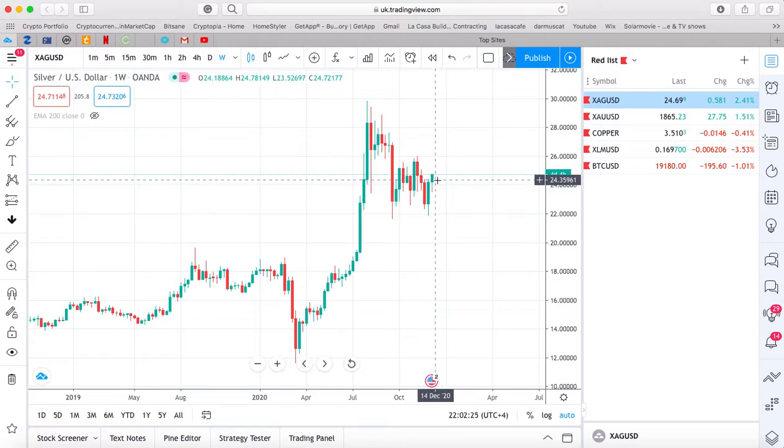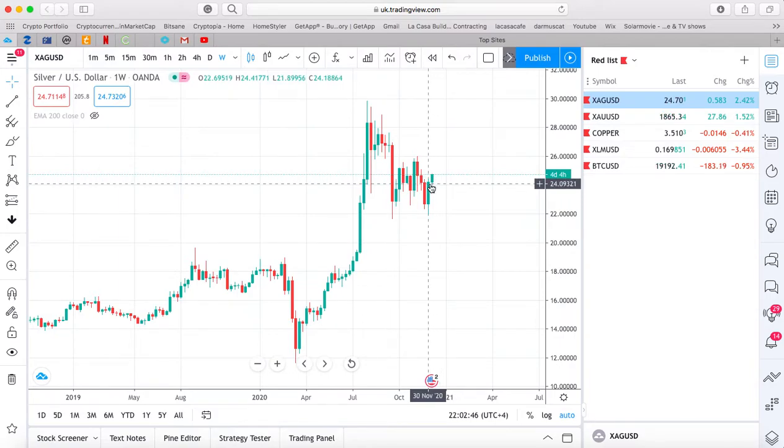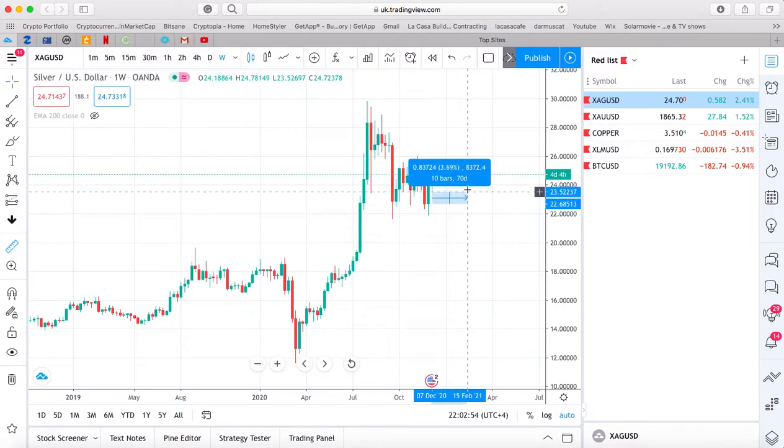If it's green, that means since it opened up, it's gone up. This candle could go red if it opened today on Monday and fell throughout the week; it's going to turn red once it goes below 24.20, because that's where it opened. For example, last week this candle opened on the 30th of November, as you can see down here, and it closed on the 5th of December, and then the market opened again today.